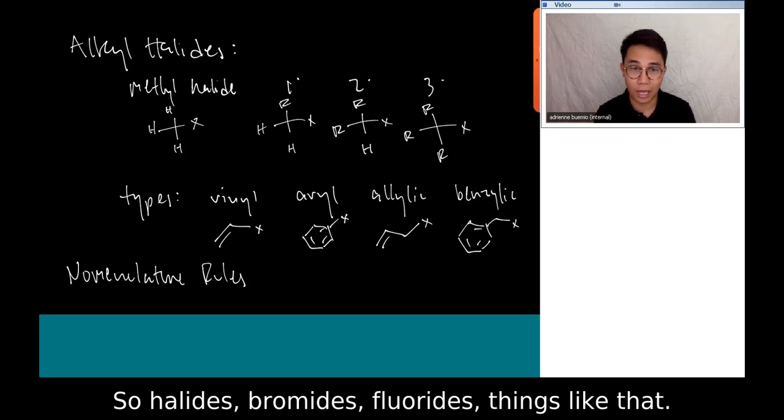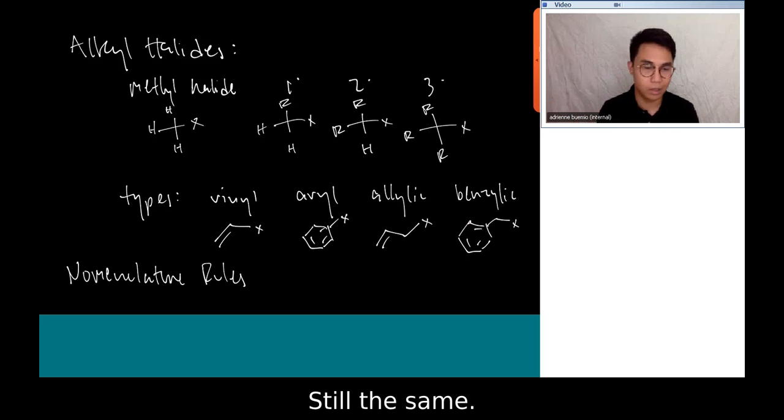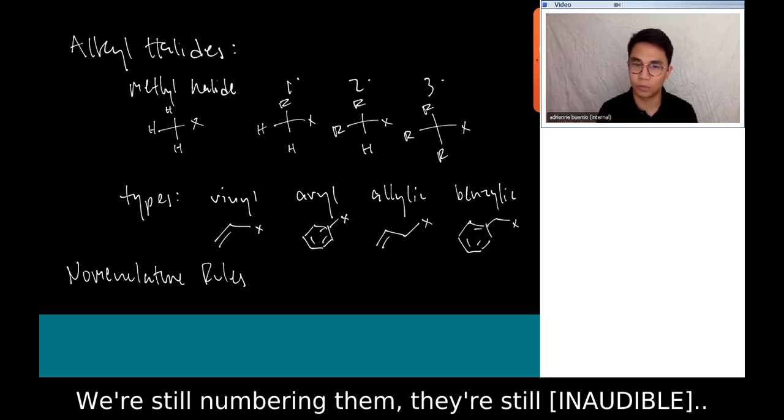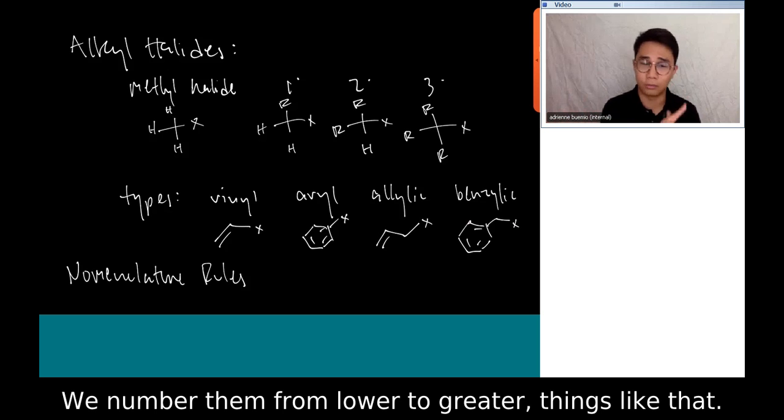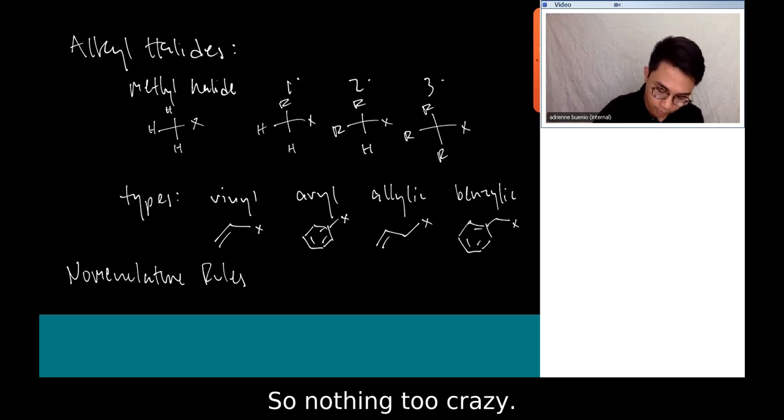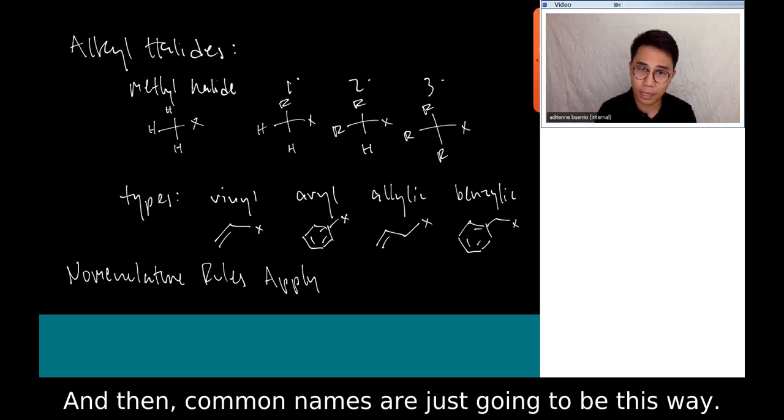So halides, bromides, fluorides, things like that. Still the same. We're still numbering them. They're still substituents. We number them from lower to greater, things like that. So nothing too crazy. And then common names.